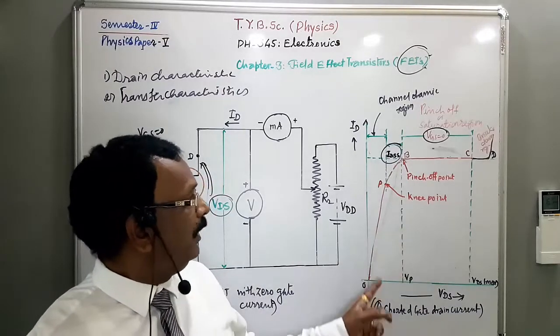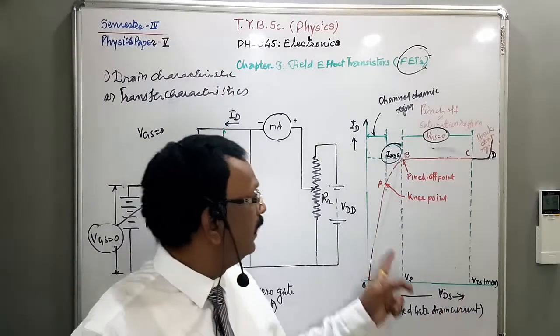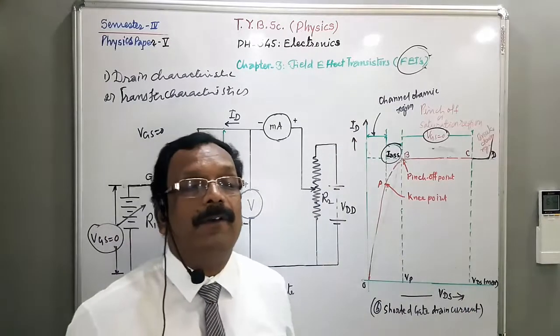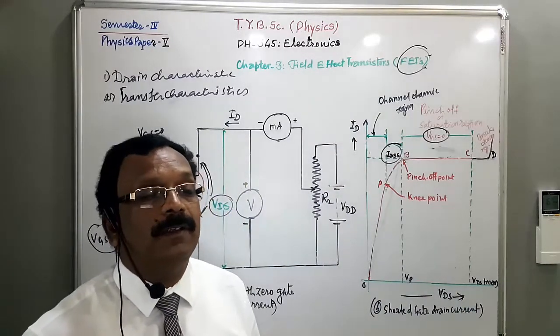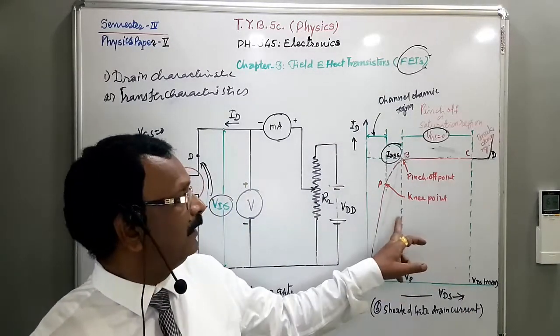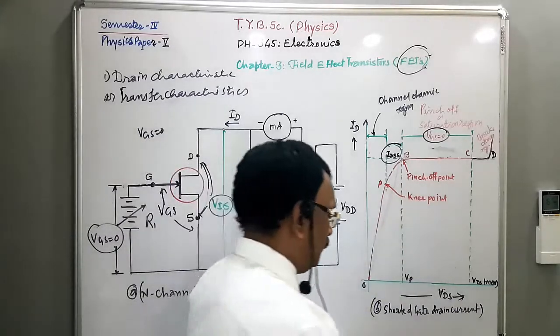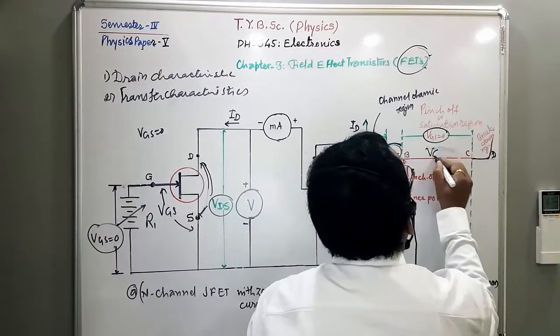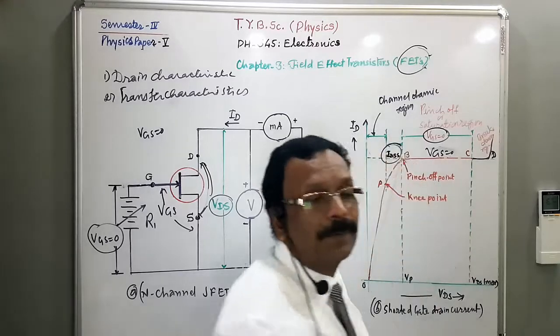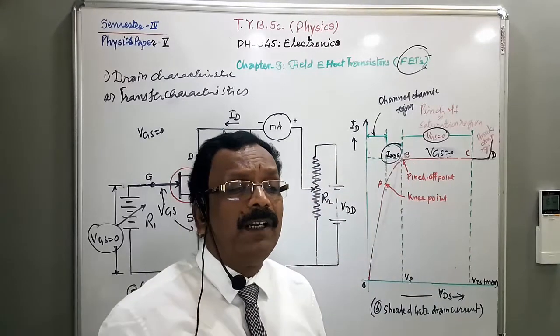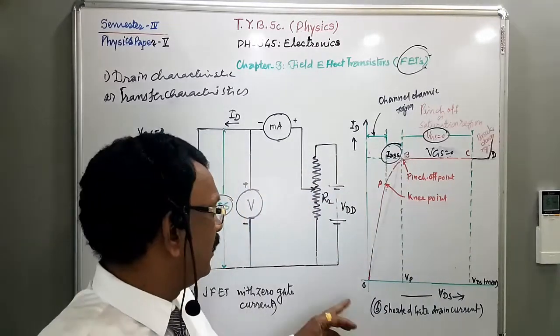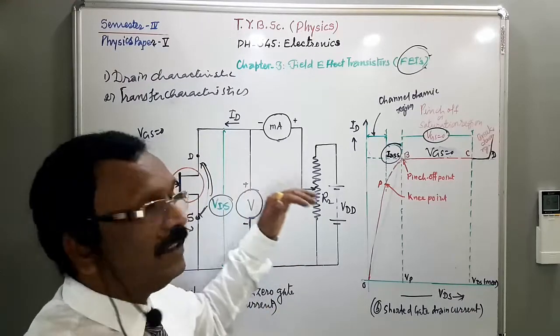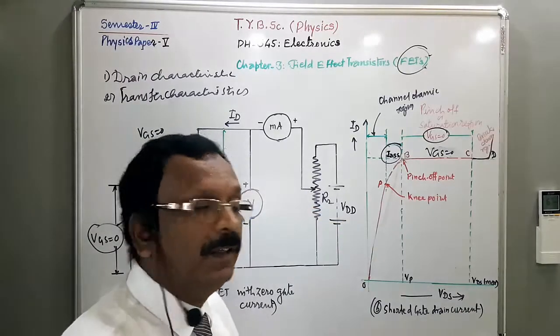In this graph, we take VDS along the x-axis and drain current along the y-axis. Okay, and we mark this graph for VGS is equal to 0. Now, after that, we repeat the same procedure for VGS is equal to minus 1 volt.